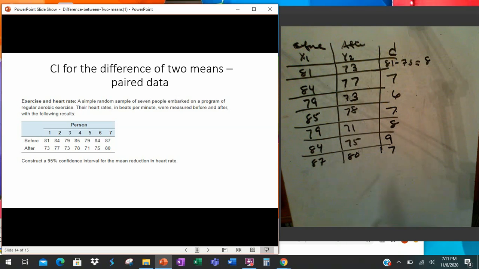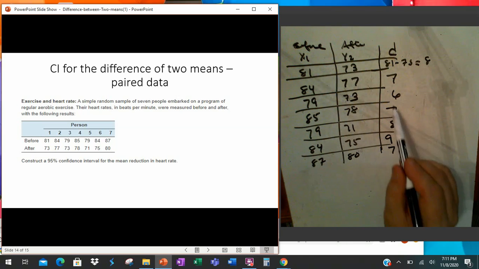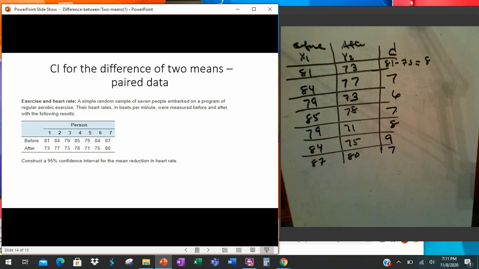Okay, so I've got that correct. Now I'm just going to run the 1-variable statistics on my L1. This is what I'm going to look for, the mean of the differences.